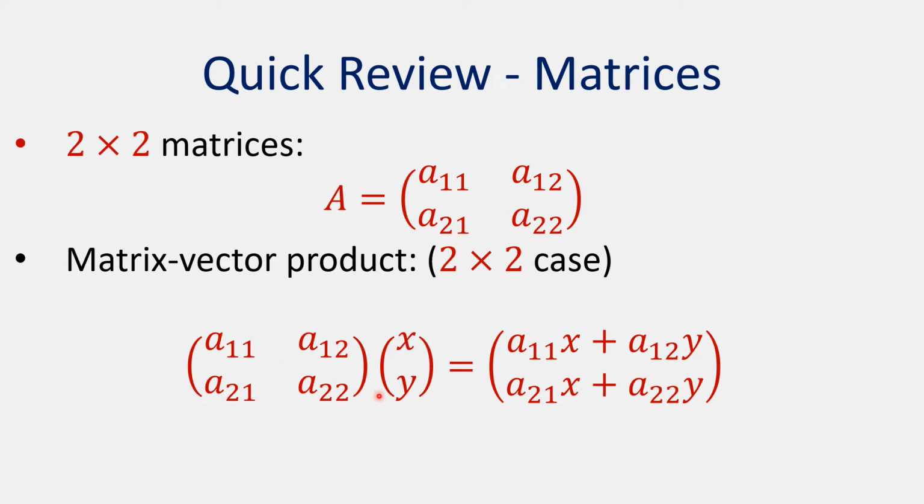We add to that the result of multiplying the second vector entry, this component y, by the entry in the first row and second column. So this gives us the first component of our output. To obtain the second component of the output, we go through the same process, but with the second row of our matrix: we multiply x by the first entry in the second row, and we add to that the result of multiplying y by the second entry in the second row.